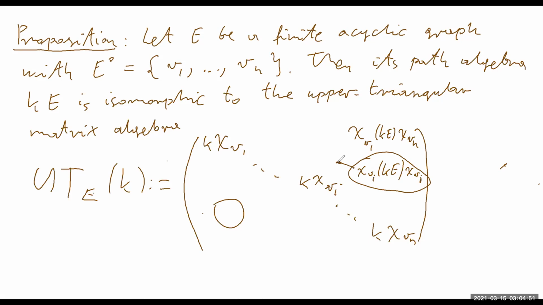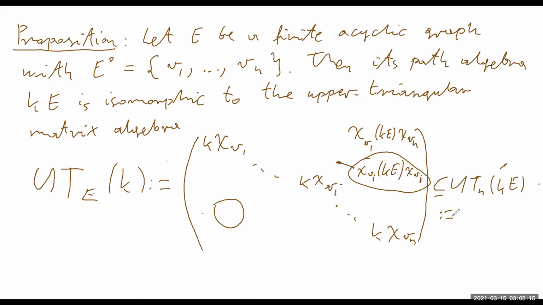And this is something which is inside, of course, the following matrix algebra, the upper triangular matrices of size n with entries in the path algebra KE. Well, this is a simple identification you should remember from high school.